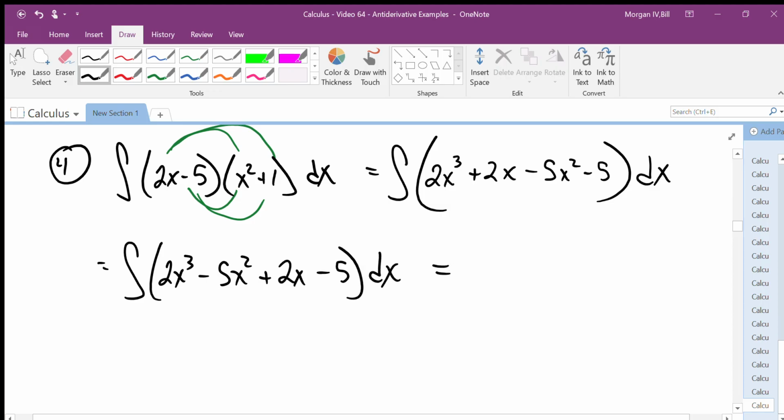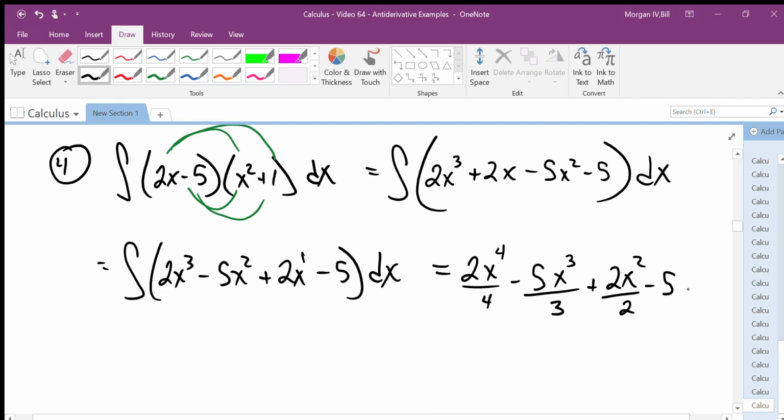And now I'm going to undo the power rule. I'm going to take 2x cubed, that's going to be 2x, add 1 to the exponent 4, divide by my new exponent 4. Minus 5, add 1 to the exponent, so 2 plus 1, 3, divided by my new exponent 3. Plus 2x, the exponent here is 1, add 1 to that, that's 2, divided by my new exponent 2.